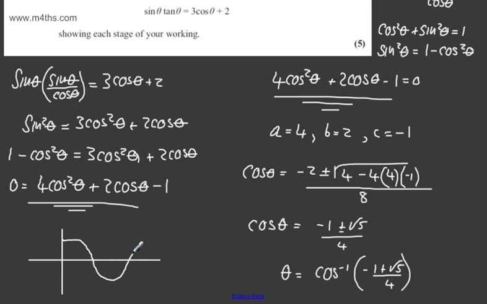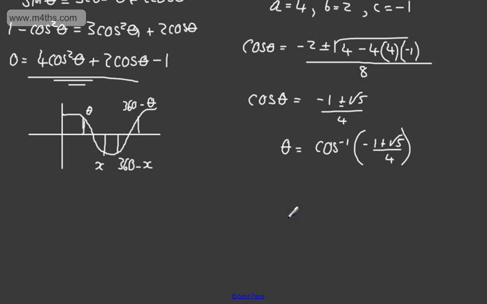So if we just look at the symmetry of the cosine curve, if I have one just here, I might have theta just here, then this one by symmetry will be 360 minus theta. If I have one just here, and let's call this x, then this one is going to be 360 minus x. So let's go ahead now and find the principal value when we have the positive.